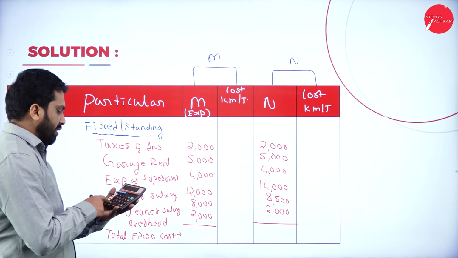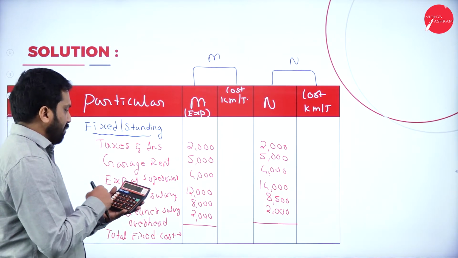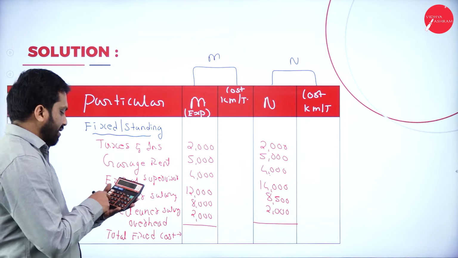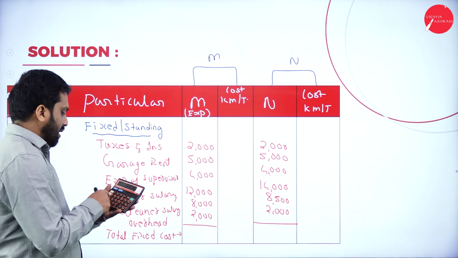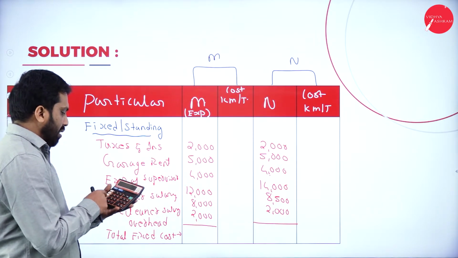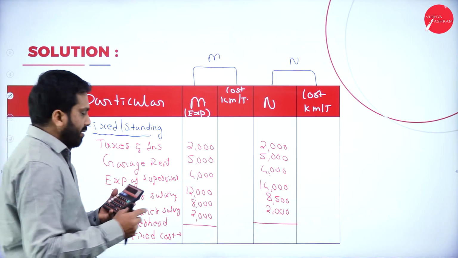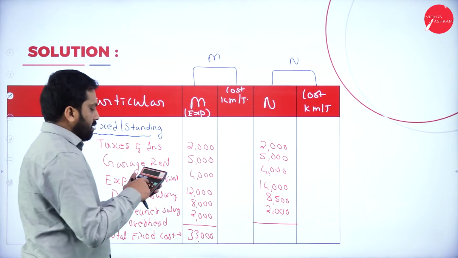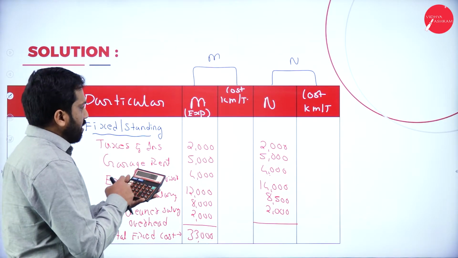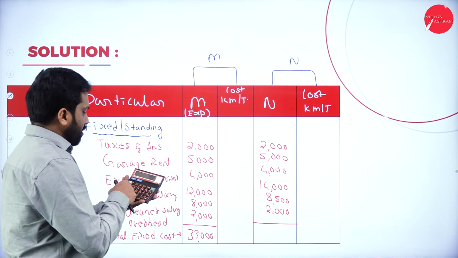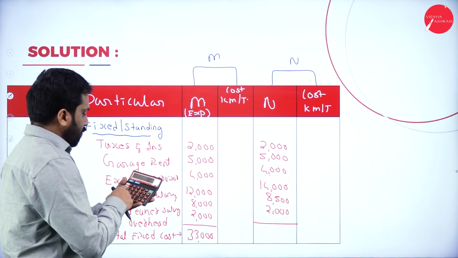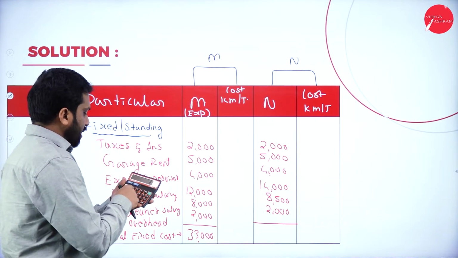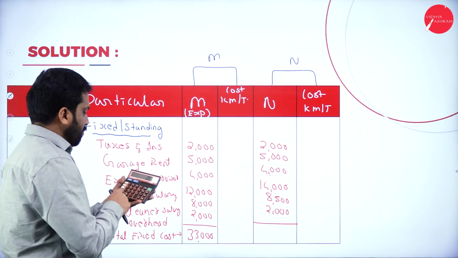Now, 2,000 plus 5,000 plus 4,000 plus 12,000 plus 8,000 plus 2,000. It is around 33,000. Similarly, the second one, 2,000 plus 5,000 plus 4,000 plus 14,000 plus 8,500 and 2,000.